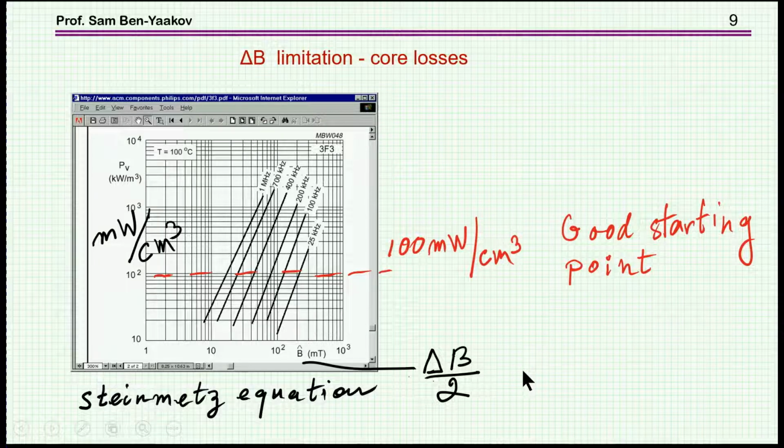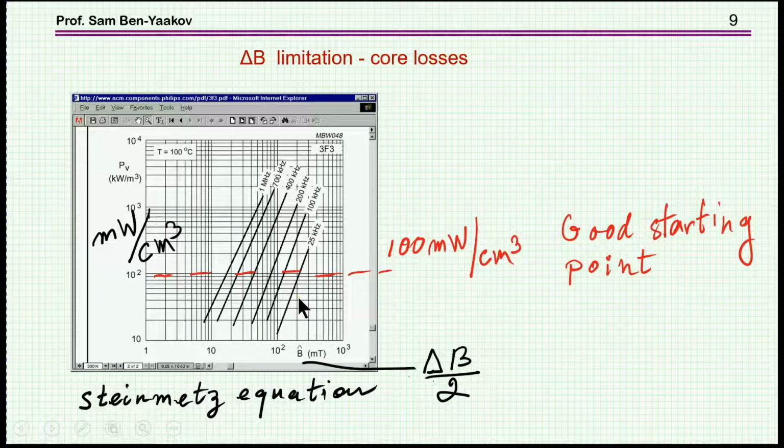So now we go to the delta B limitation. The delta B, or the variation of the flux density, is causing losses. And based on the Steinmetz equation, which I'm not showing here, which is a power equation, we can draw these curves. These are actually approximated curves.